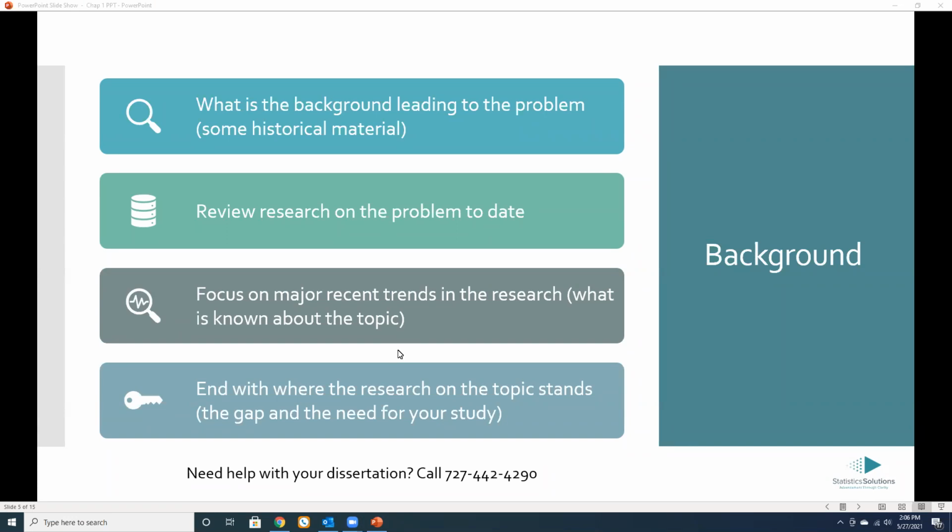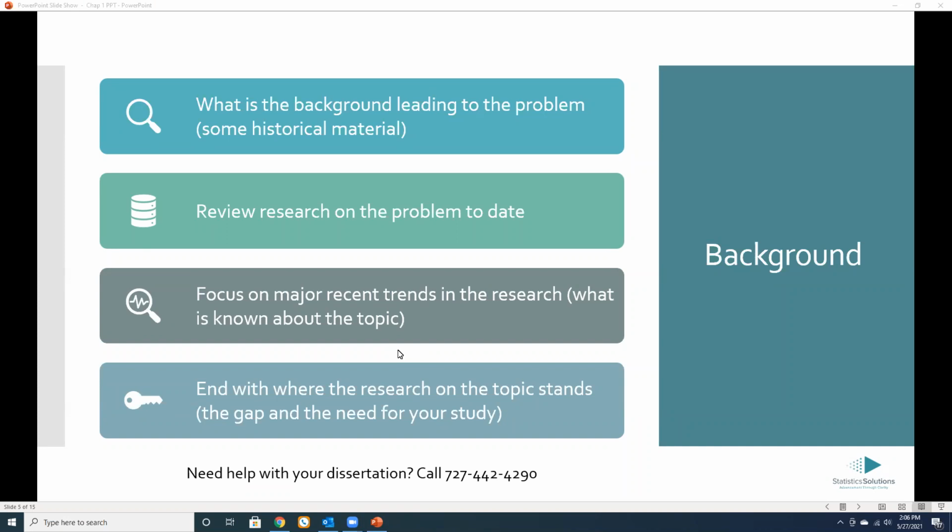Kind of use broad strokes there. You want to give a sense of where the problem came from and where it's been and where it is now. But you don't need to get into great detail. What are the trends? What are the trends in the problem?